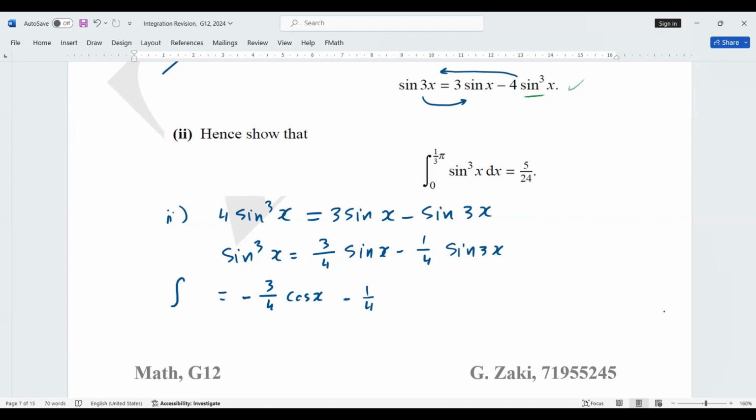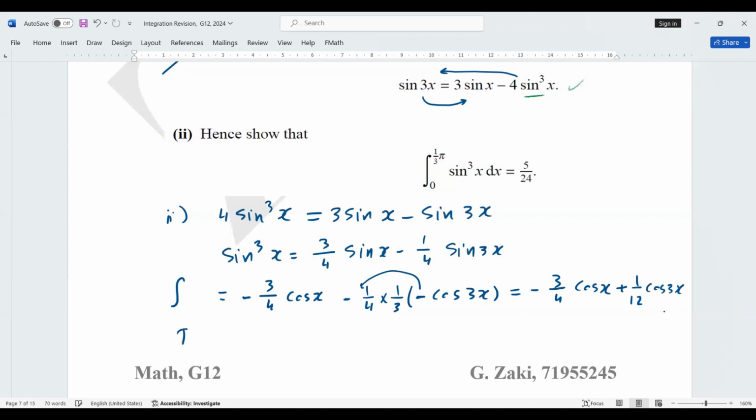Integration of sine 3x is 1/3 cosine, also negative, so we multiply by 3, and then it's negative cosine 3x. Simplify. So it's negative 3 over 4 cosine x. Negative times the negative, it's positive, 1 over 12 cosine 3x.